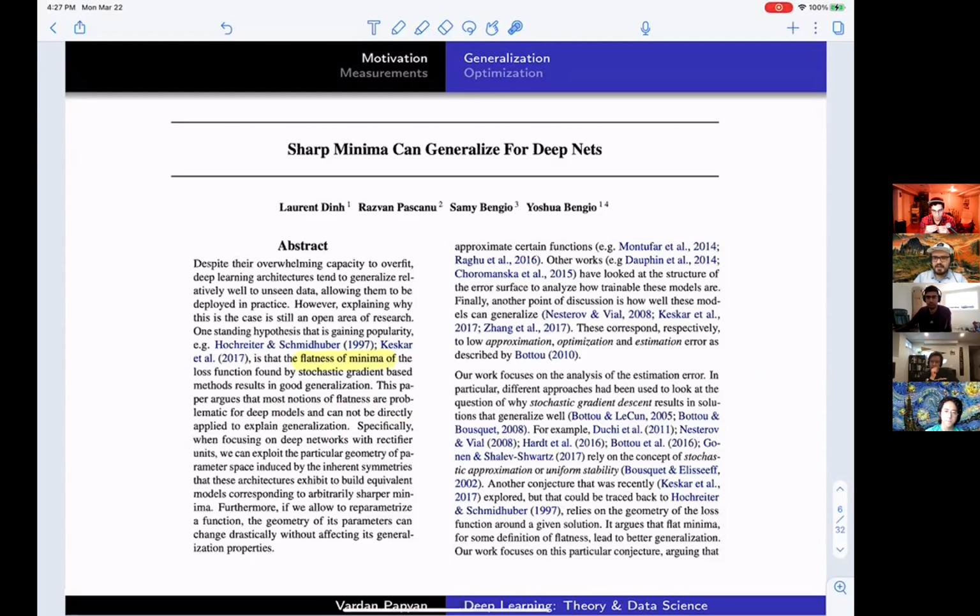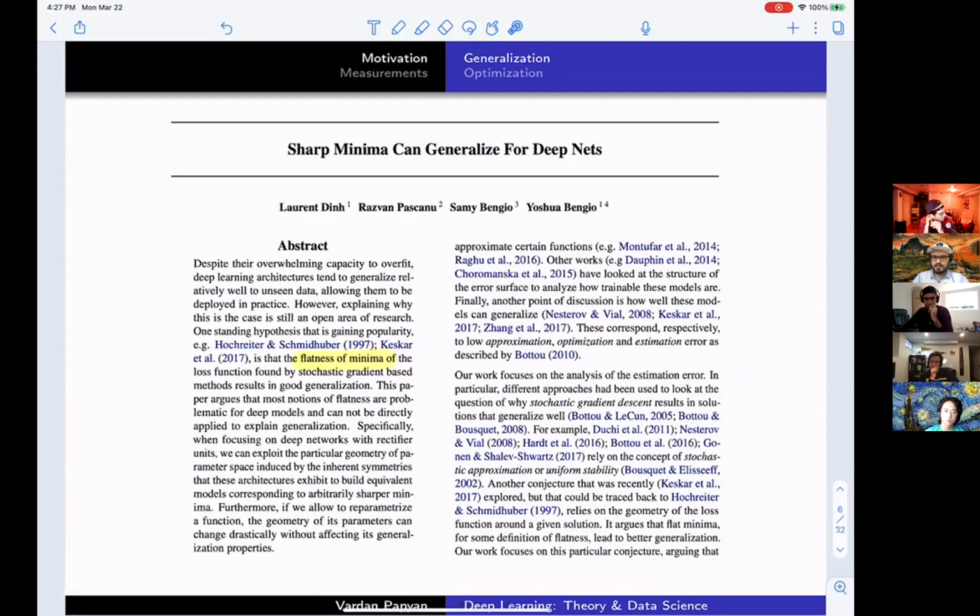What this paper is saying is that we can take a network and somehow fudge around with the network, just switch something in the network without changing the predictions of the output. And by doing that, we can make the curvature or the minima as sharp as you would like. And so what that means is that you can play around with the sharpness without changing the prediction of the network. So obviously sharpness alone cannot be correlated with generalization.